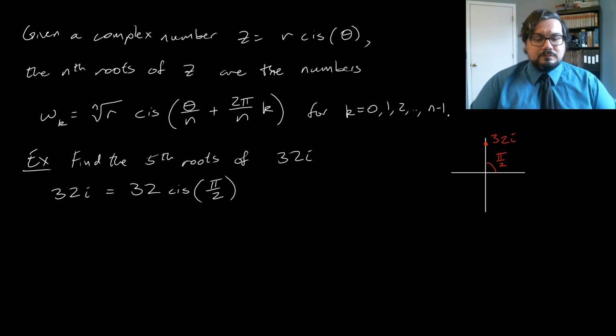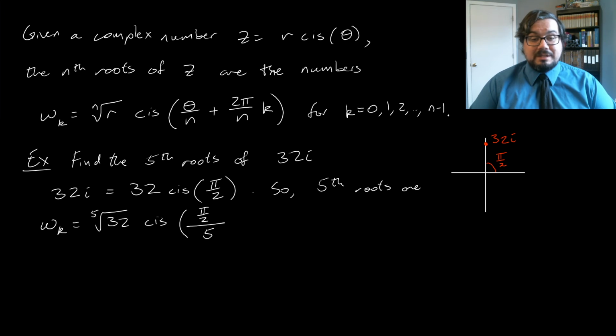Therefore, the fifth roots are given by wk, which is the fifth root of 32 times cis of, now we've got theta over n, so that's pi over 2 divided by 5, because we're taking fifth roots, plus 2 pi over 5 times k.